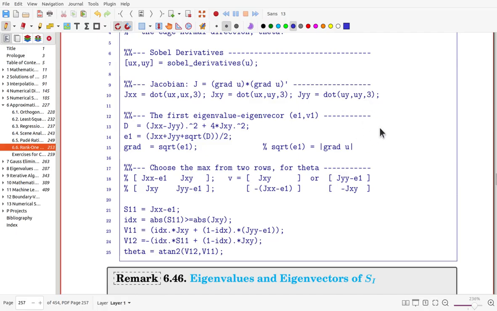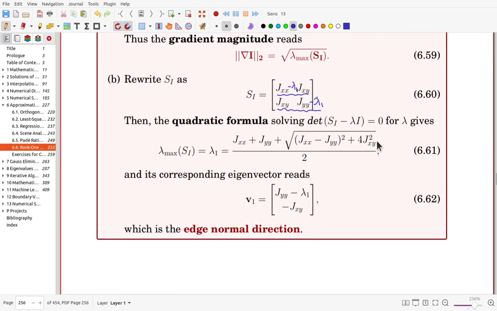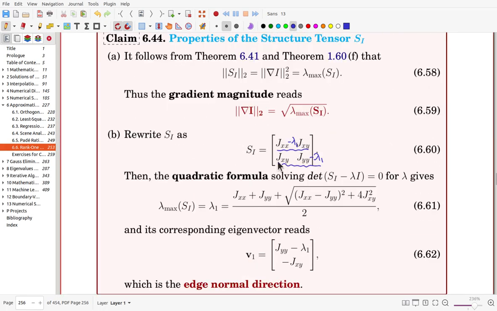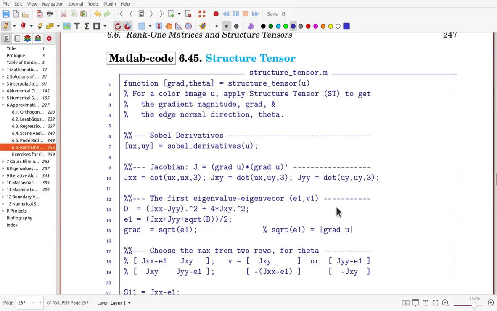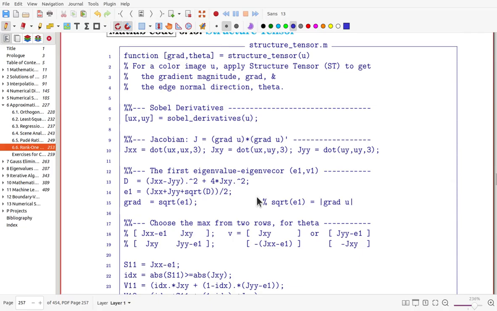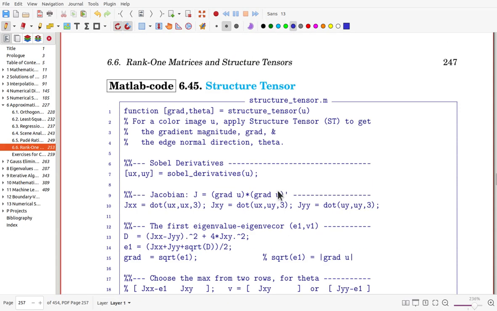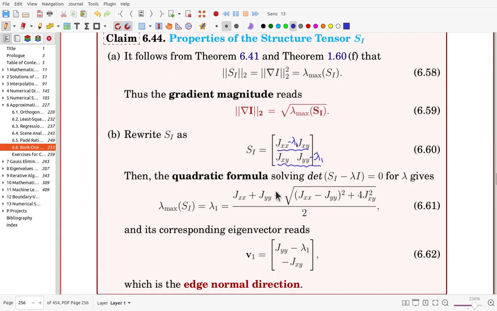So we computed this portion for each one, and then to get the larger eigenvalue, we have to use this quadratic formula, and that is exactly this portion. Here we have the larger eigenvalue, and the square root of this larger eigenvalue is the gradient magnitude. That is this equation.